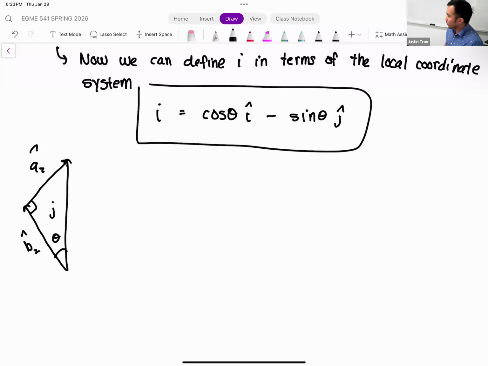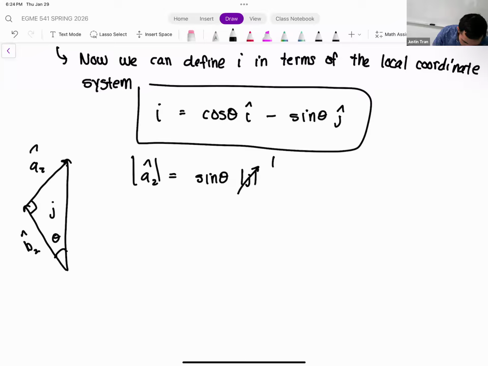All right, so let's do the same thing we did with the previous triangle. Let's go ahead and define j in terms of the directions a2 and b2. Okay, but first we need to find the actual lengths of b2 and a2. So a2 hat is the edge that's opposite to the angle, so that's going to be sine theta times the length of j.